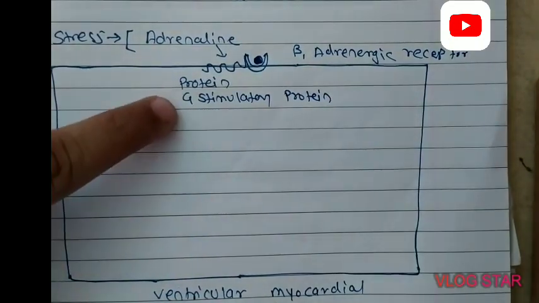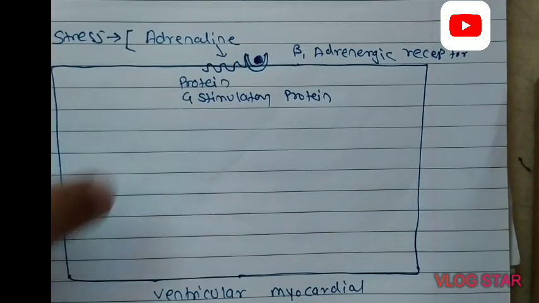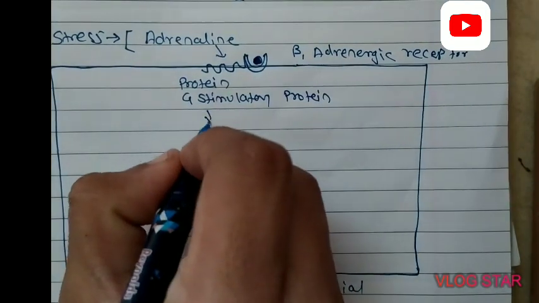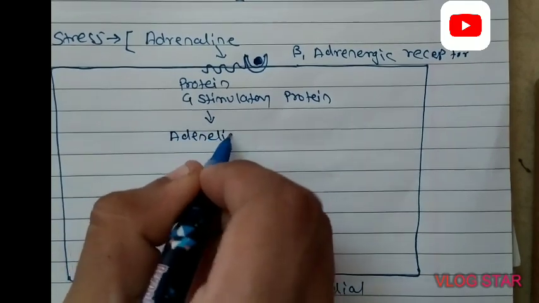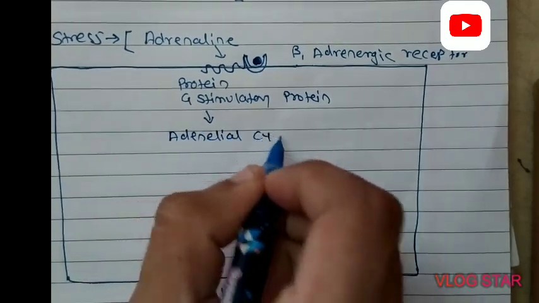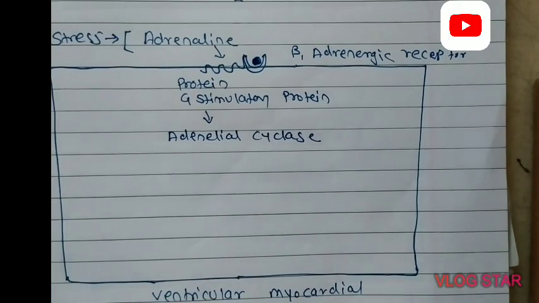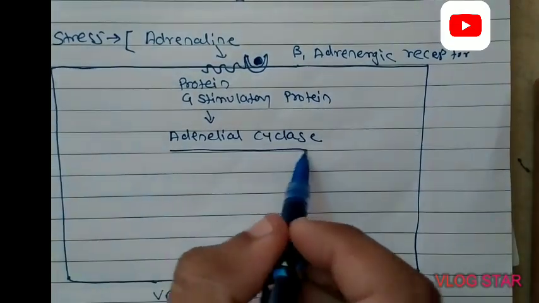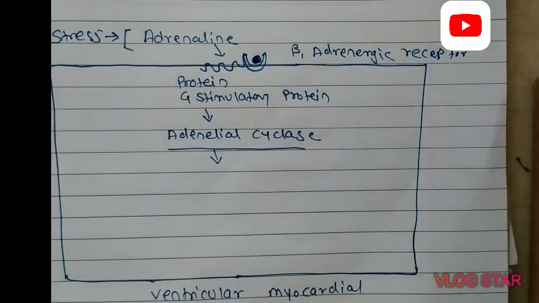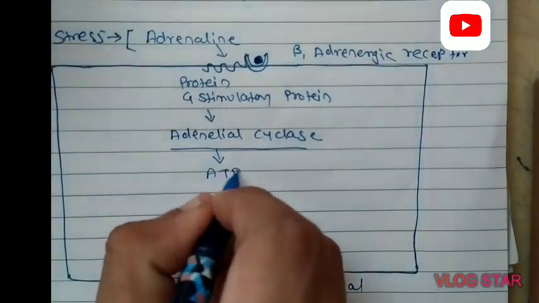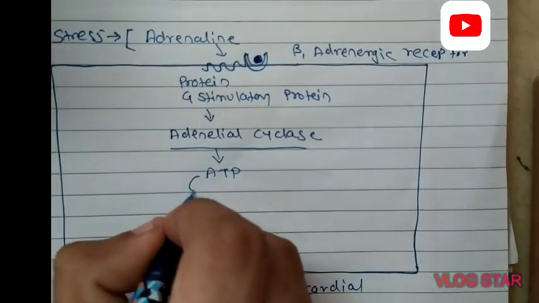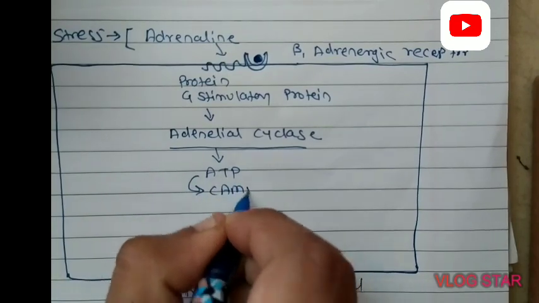This G stimulatory protein further stimulates adenylyl cyclase. This adenylyl cyclase goes and converts ATP into cyclic AMP.